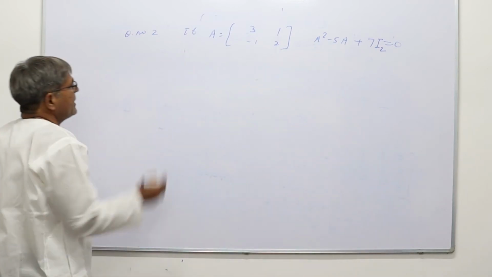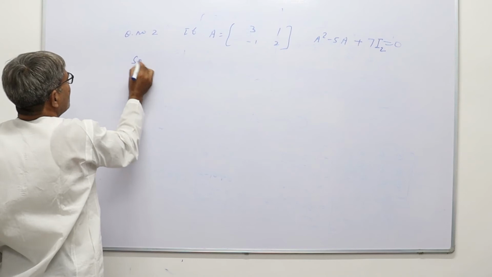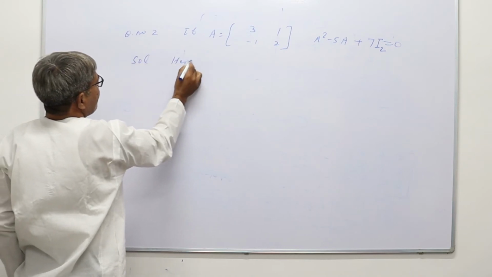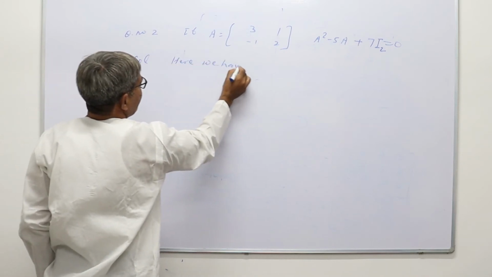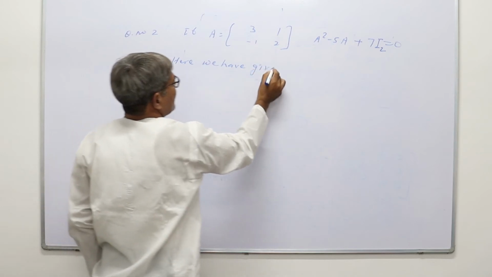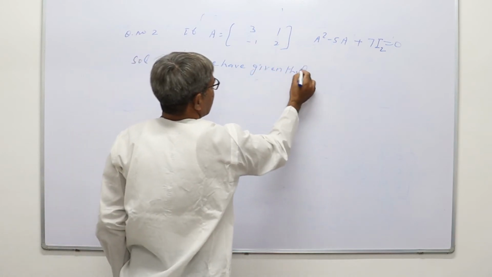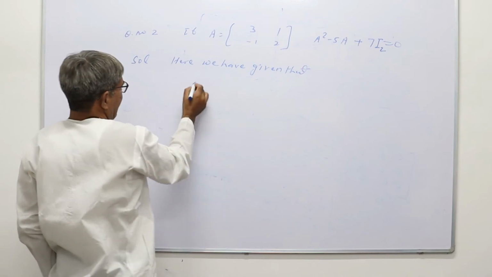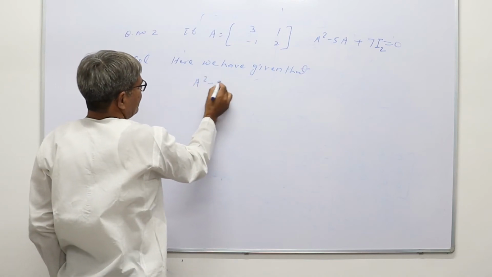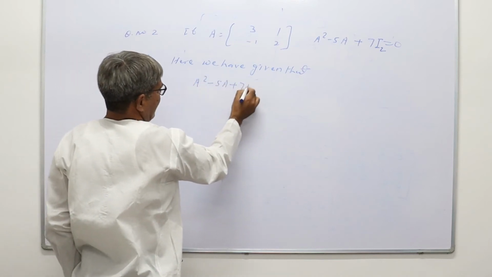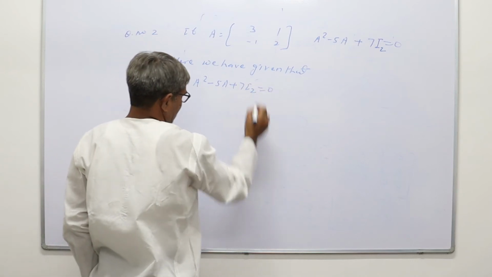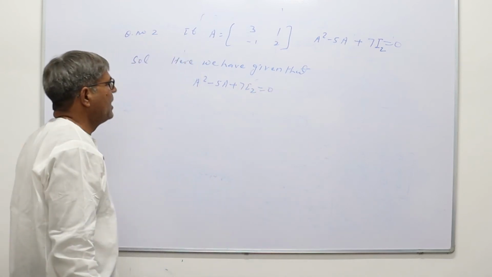So how will we solve this question? Here we are given that A square minus 5A plus 7I2 is equal to 0, that is the 0 matrix.